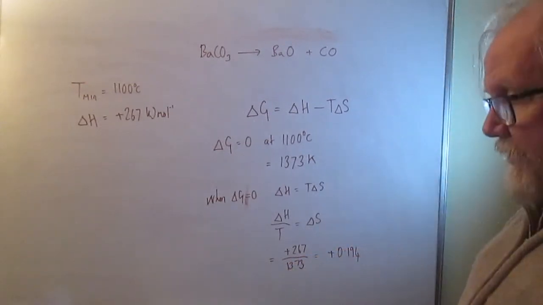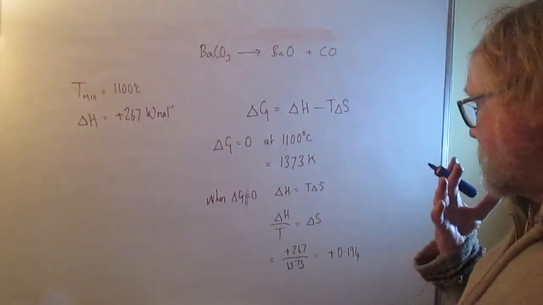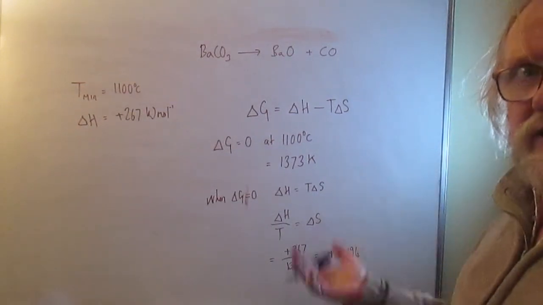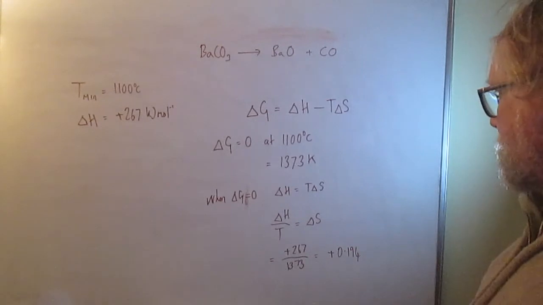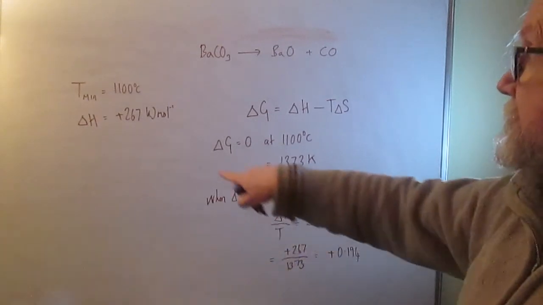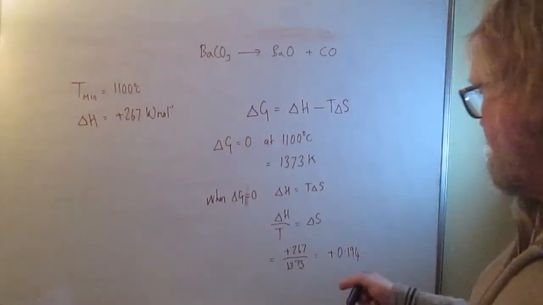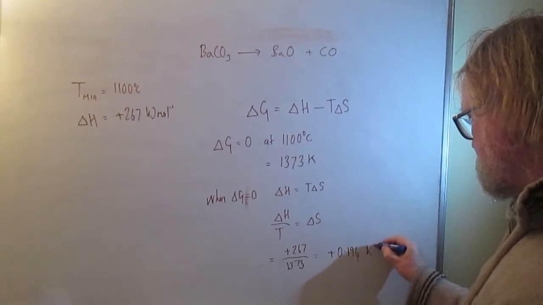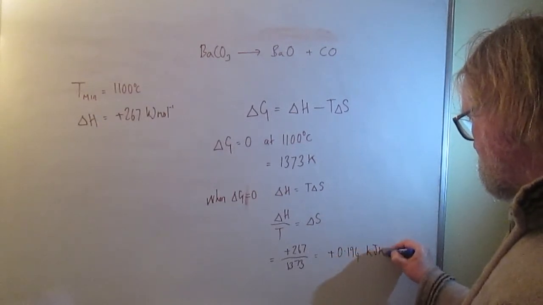Now we have to be careful about units. The units of entropy normally are joules per Kelvin per mole, but because we put kilojoules in here, it was kilojoules per mole here, this will be in kilojoules per Kelvin per mole.